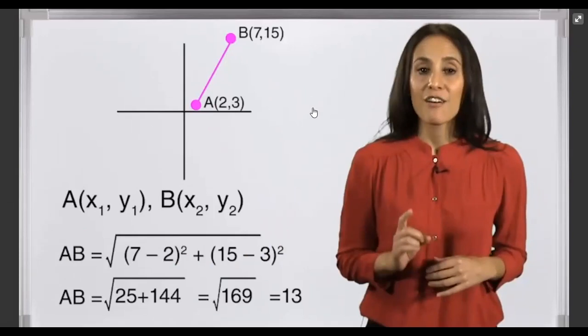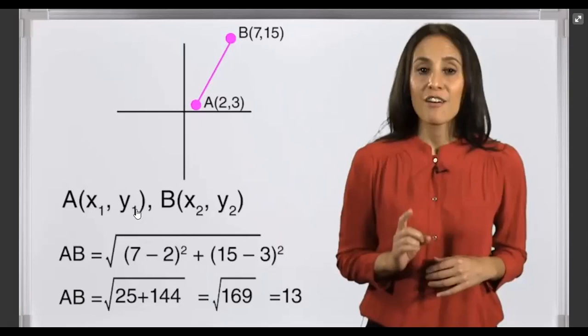So we can get to the answer directly by using the values from the points. The X value comes first, the Y value is second. It doesn't matter which one you say is the first one or which one is the second one. And when you talk about A here and B, that's totally up to you. You could have reversed it.